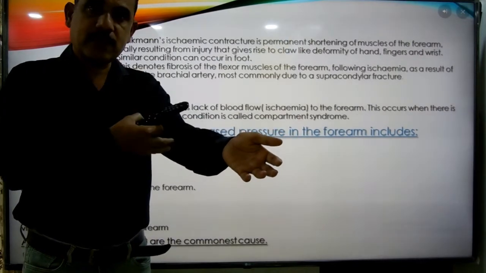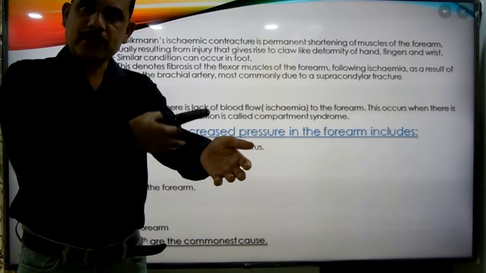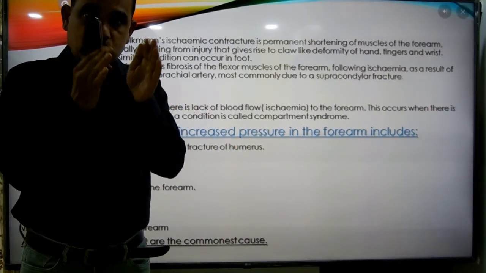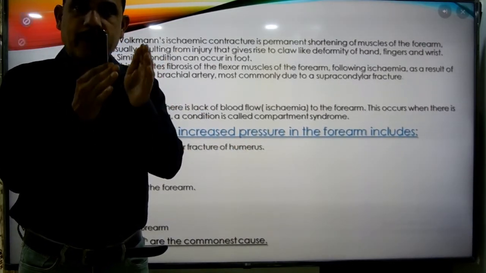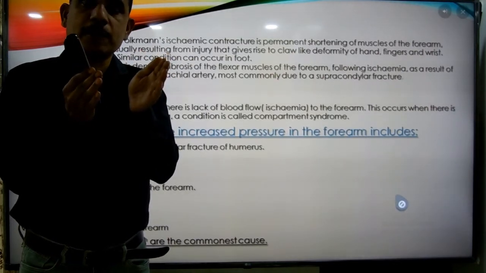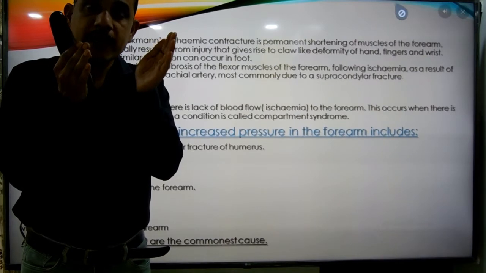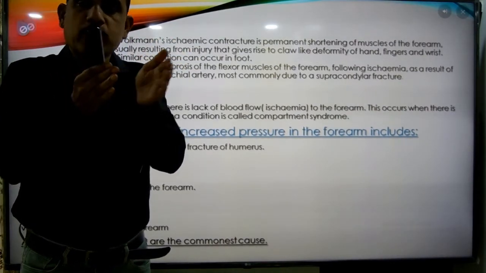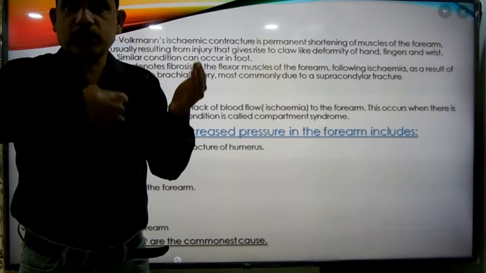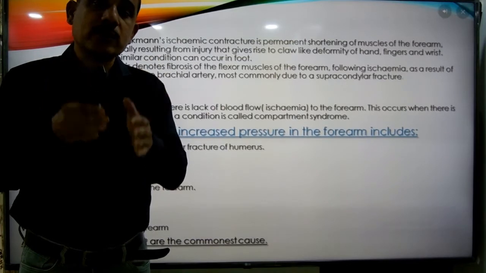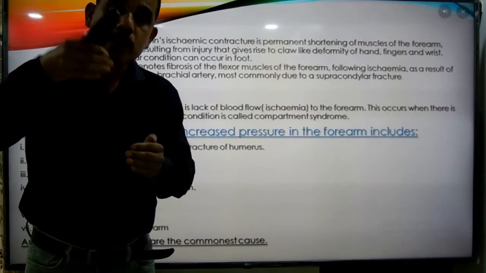You will apply the plaster or any bandage or splint, and the part which is covered in the plaster or the bandage will get swollen. After swelling, it causes increased pressure inside, because there is no space for the swelling. Sometimes swelling itself causes pressure over the vessels.